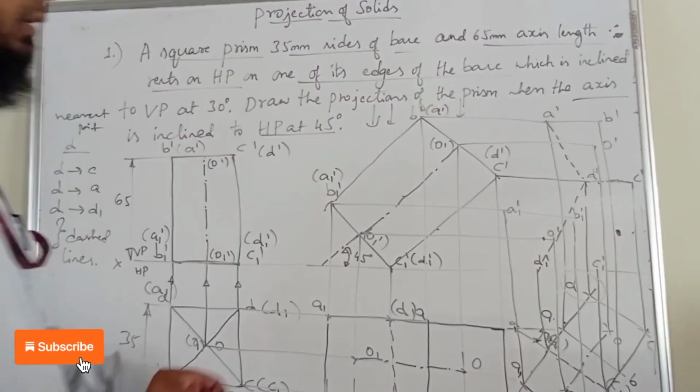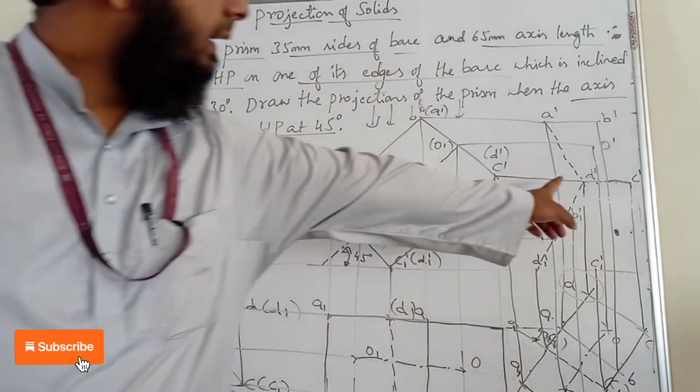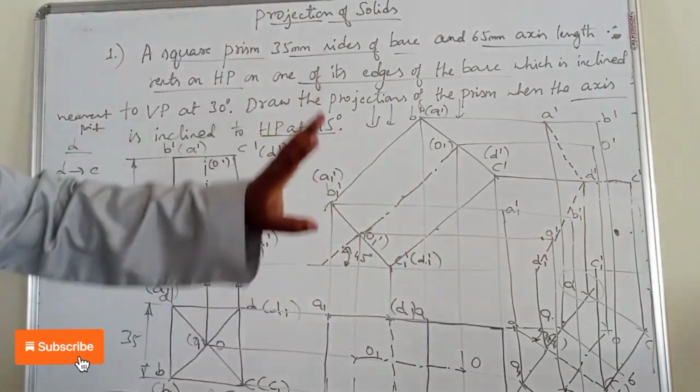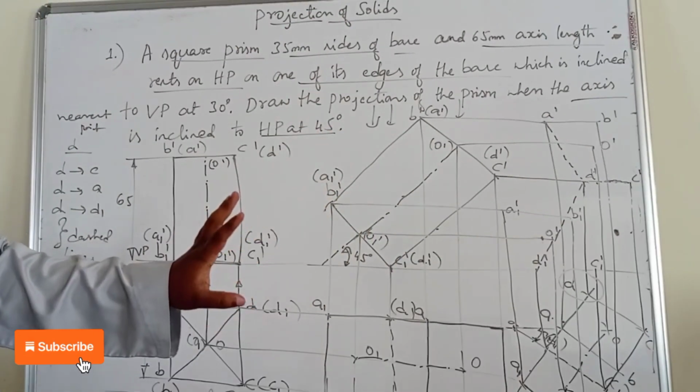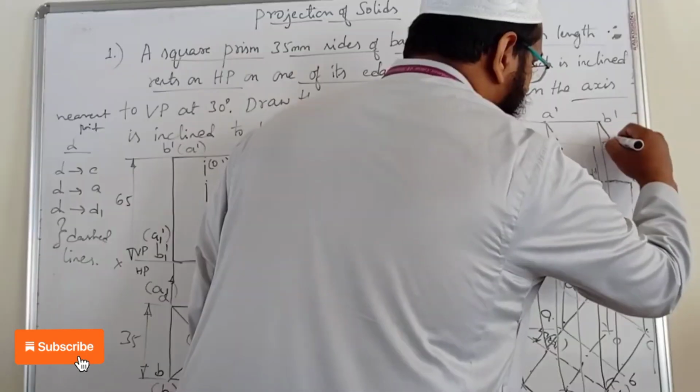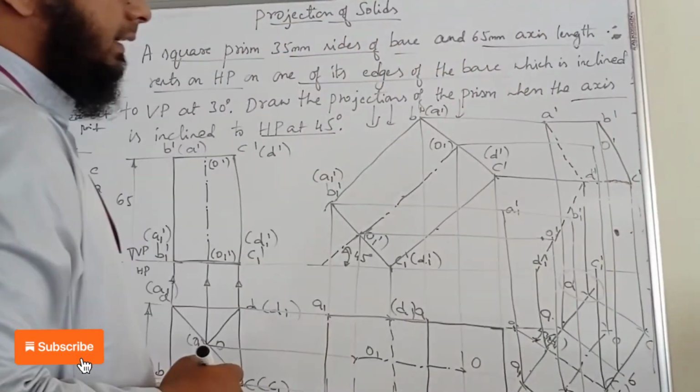So we have drawn with the dashed line. You can see that D dash to C dash, D dash to A dash, D dash to D1 dash. Then the rest of the thing is written only with the continuous line. First I am writing the top face. Okay, the top face is written.